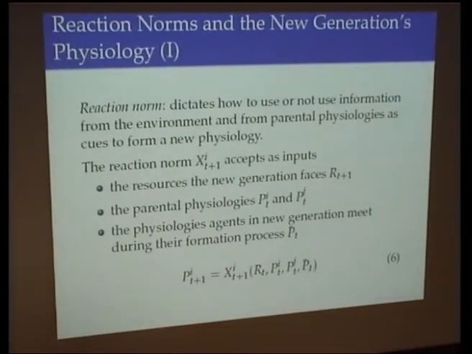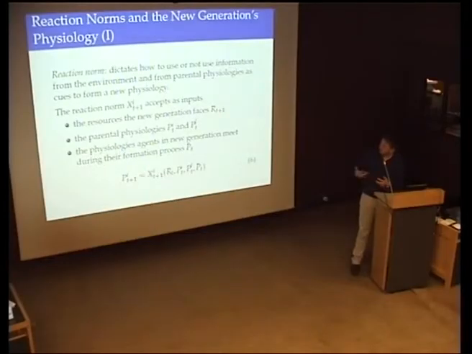At the end, we need to discuss a little bit how physiologies, which are the driving force of this framework, can be produced. We suppose the existence of a reaction norm, that is, how the different agents in the society, in the population, can use or not use the information from the environment and from the other agents in order to form their own physiologies.